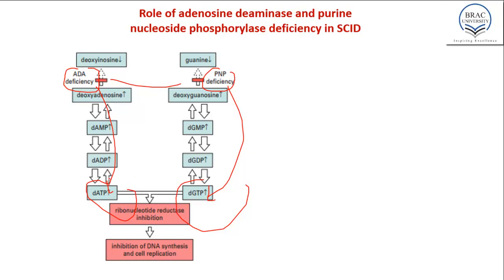Due to the toxic levels of these two metabolites, dATP and dGTP, they inhibit the enzyme ribonucleotide reductase, which is responsible for DNA synthesis as well as cell division. So as these two metabolites inhibit ribonucleotide reductase, they also inhibit cell division.